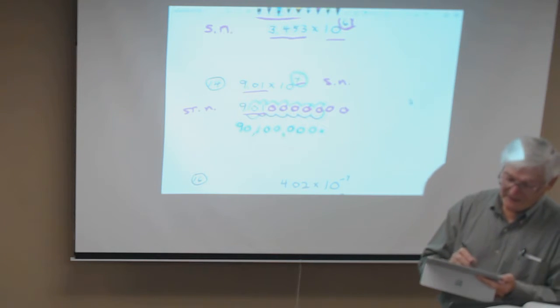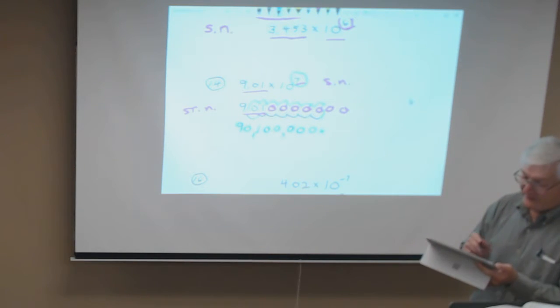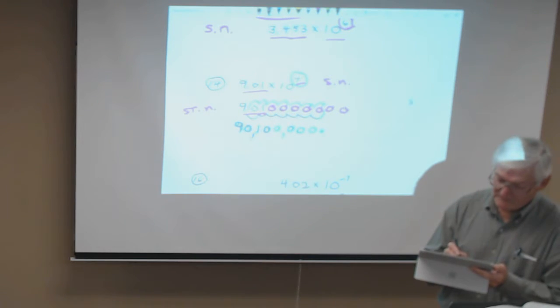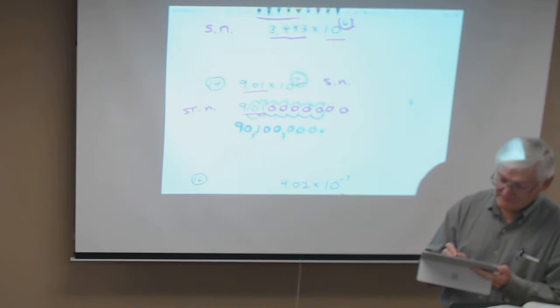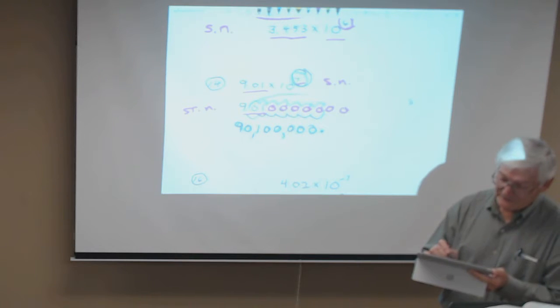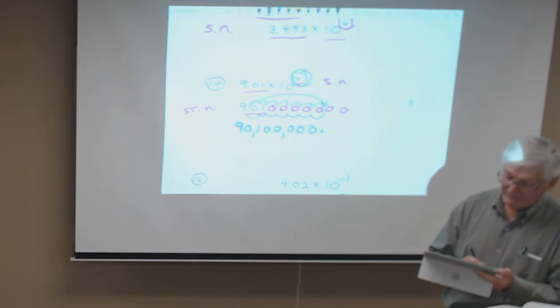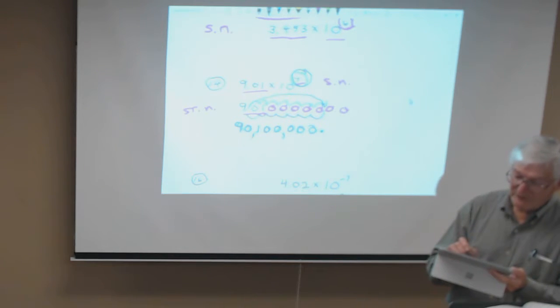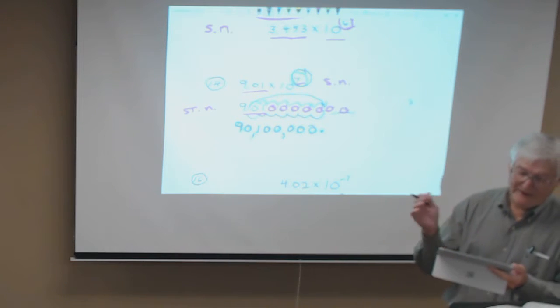And what does that become? 90 million, 100,000, and there's my decimal point. And how did I get that? This said 7, so I moved the decimal point 7 places to the right. You follow the strategy? And I've got a couple of extra zeros. It doesn't matter. I just put them there to make sure I'd have enough.